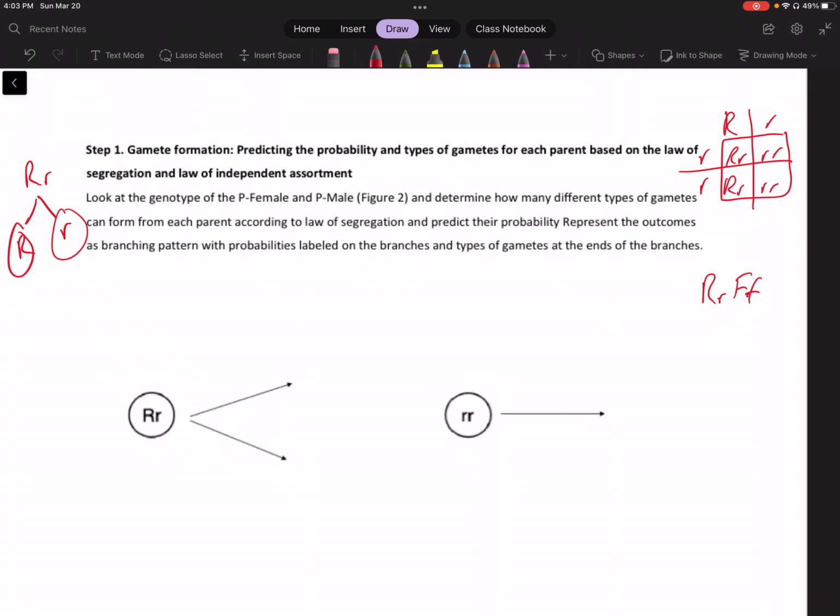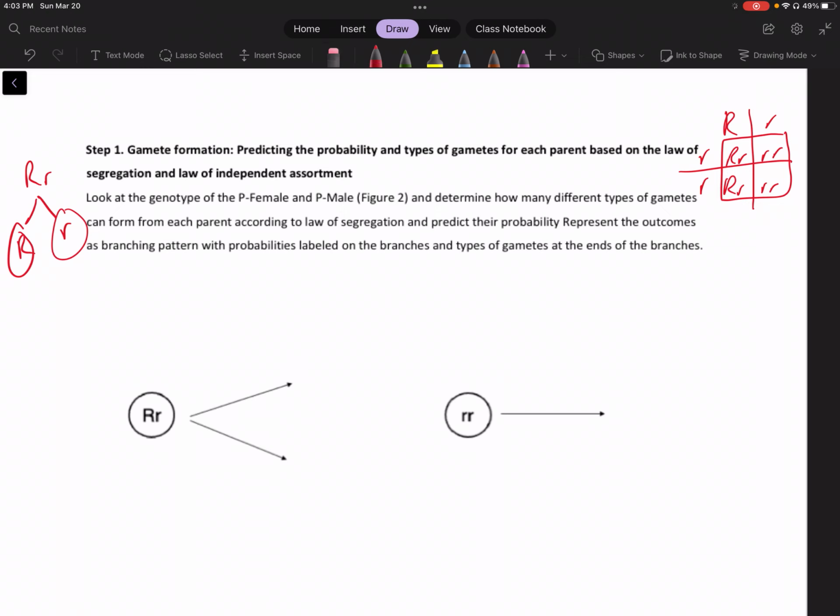I don't know what they are. That does not mean that the capitals or the dominant traits are going to be inherited together and the recessives are going to be inherited together. It could be capital R lowercase f, could be lowercase r capital F. There are multiple ways to do that because they are going to assort separately when they go through meiosis, through that gamete formation.